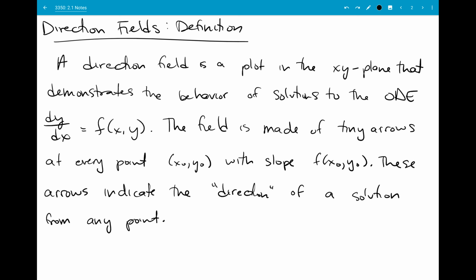Before we actually do the problem, let's relate the definition back to where we're at. I told you this f of x,y was going to be important because we're going to plug in a bunch of points x0, y0 and evaluate the slope using that f of x,y.